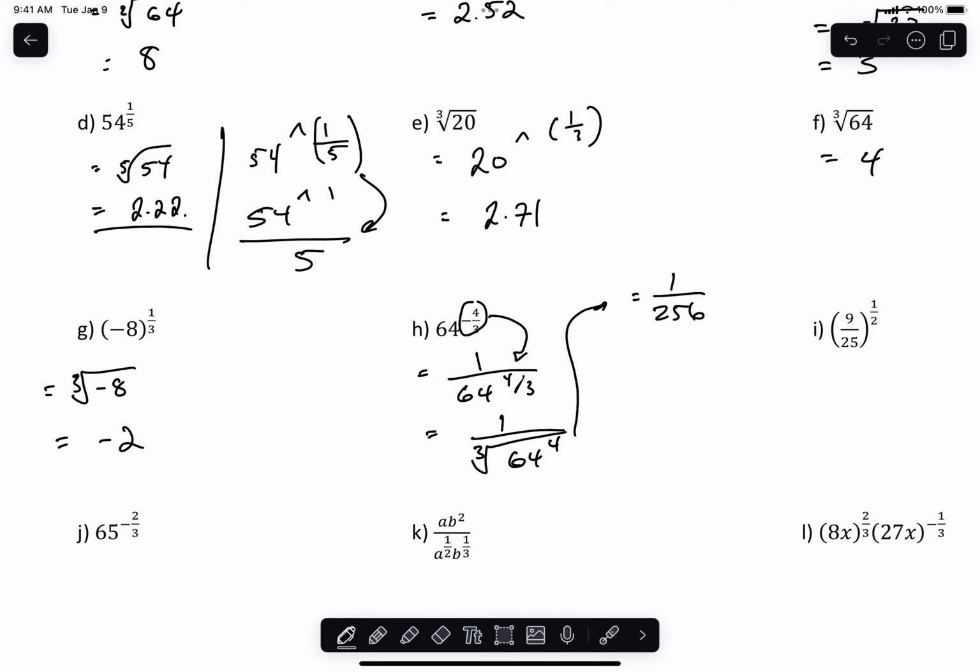Negative exponents mean we make whatever you've got go to the opposite numerator or denominator. I think maybe actually, just from a formality standpoint, we'll put that 4 on the outside. I think it might have to be on the outside.